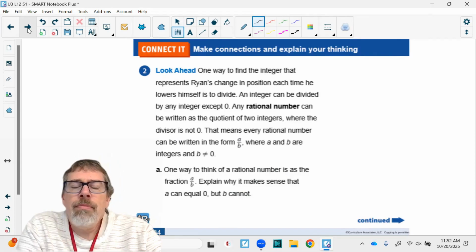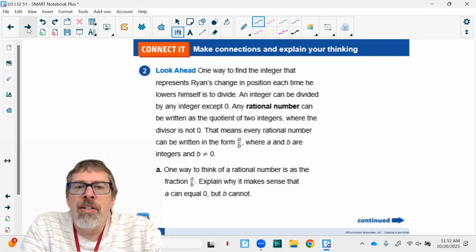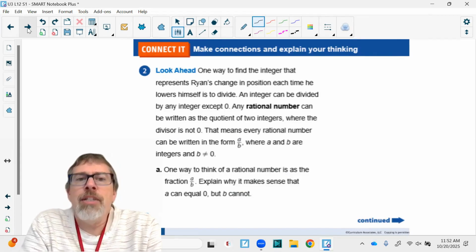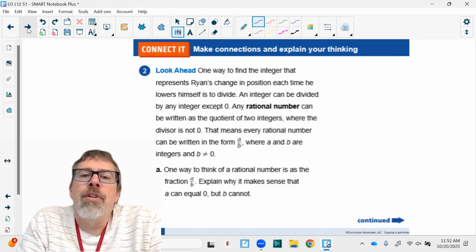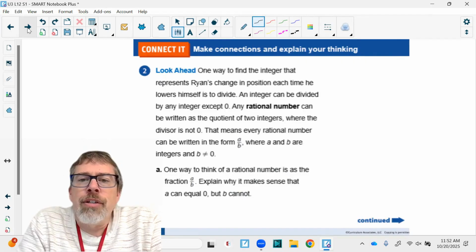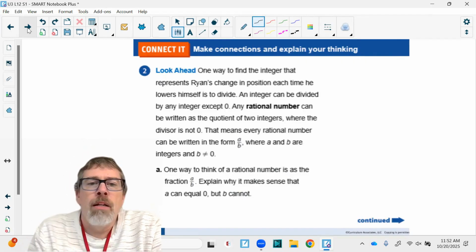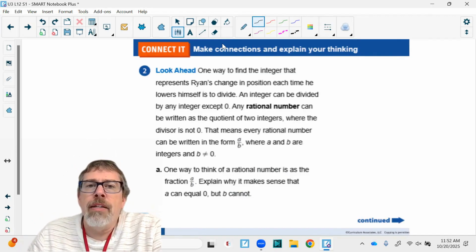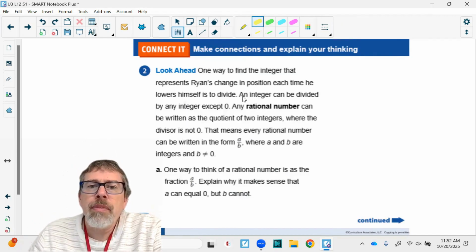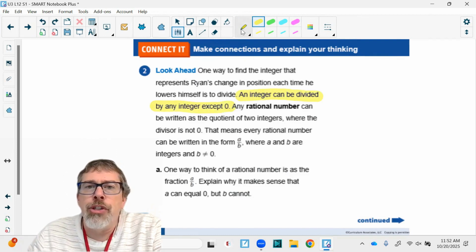Look ahead. One way to find the integer that represents Ryan's change in position each time he lowers himself is to divide. An integer can be divided by any integer except 0. Let me read that again. This is really important. An integer can be divided by any integer except 0.